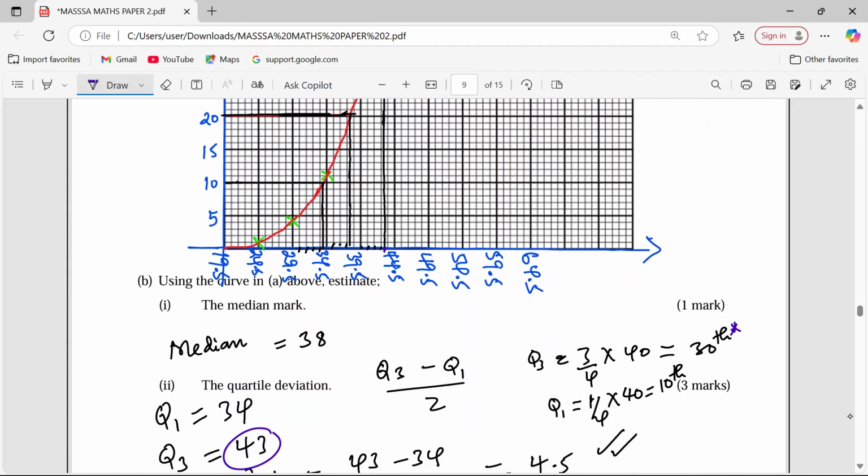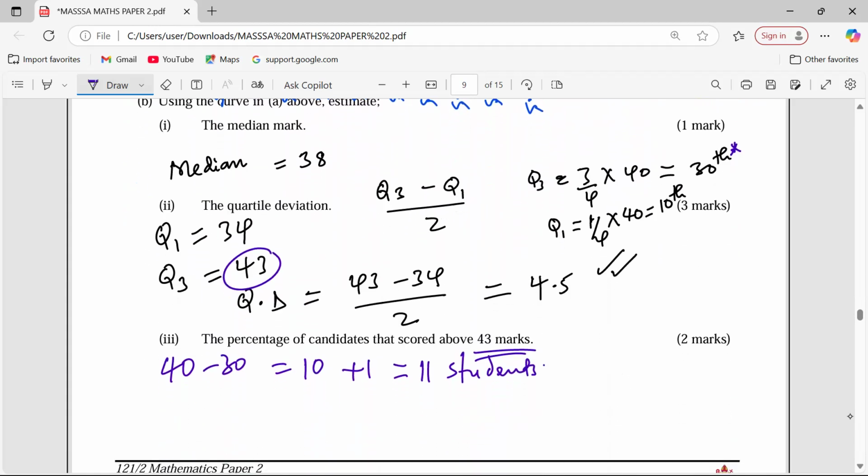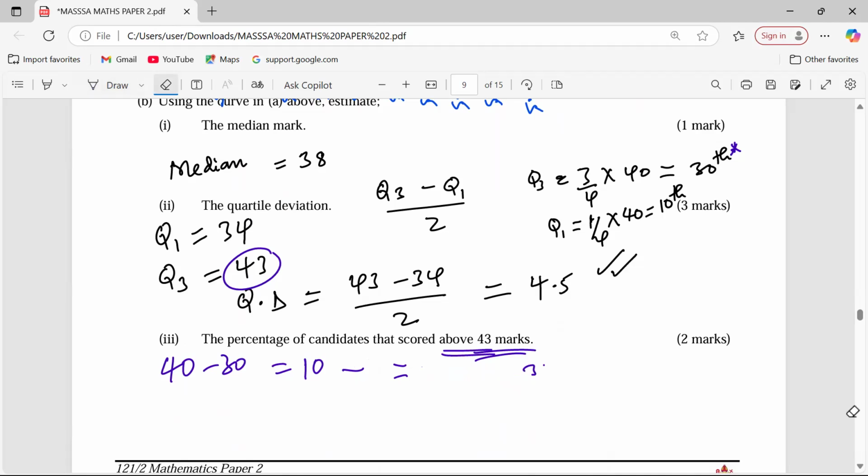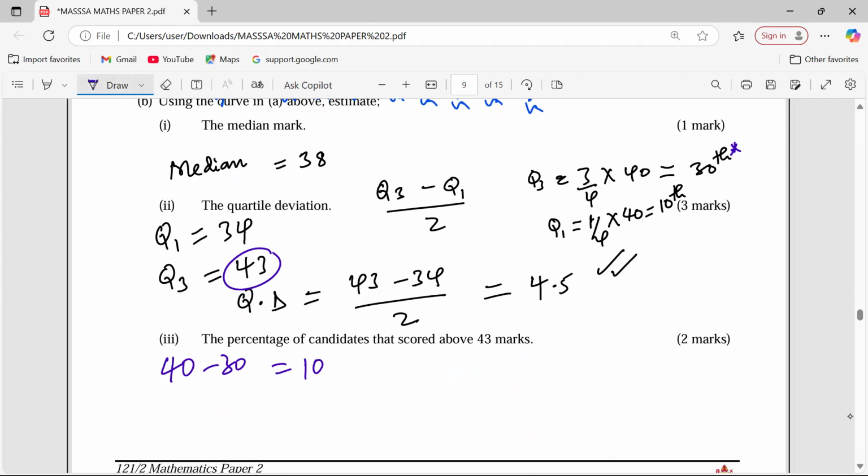Remember, if we were talking about those who scored above 43, actually we don't have to add 1, because we need those above 43. This question is different from 43 and above. For those who scored 43 and above, we shall add 1 to show that the 30th candidate is among them.